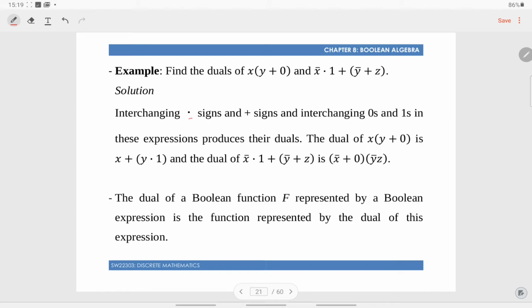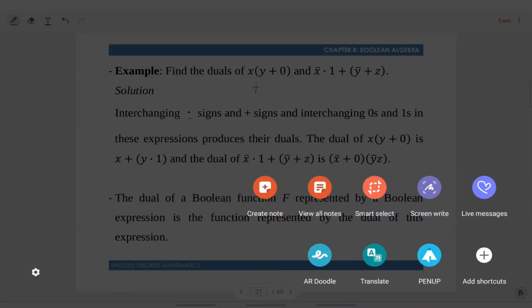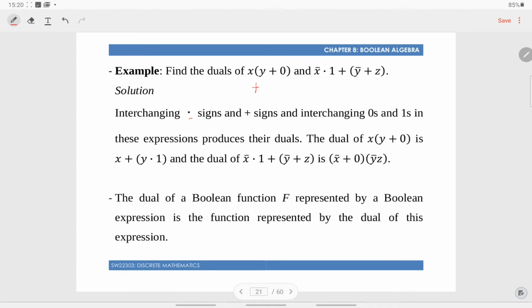Interchange the Boolean product sign and the Boolean sum sign. Here the parenthesis means Boolean product, so it becomes Boolean sum. And then in parenthesis we have Boolean sum, so we change it to Boolean product.